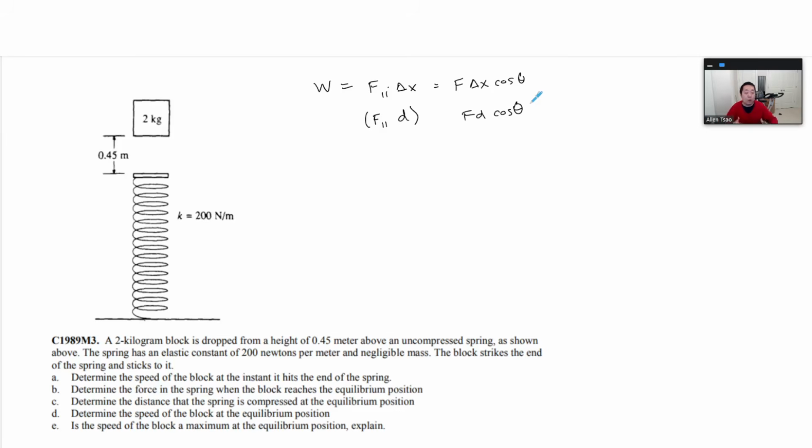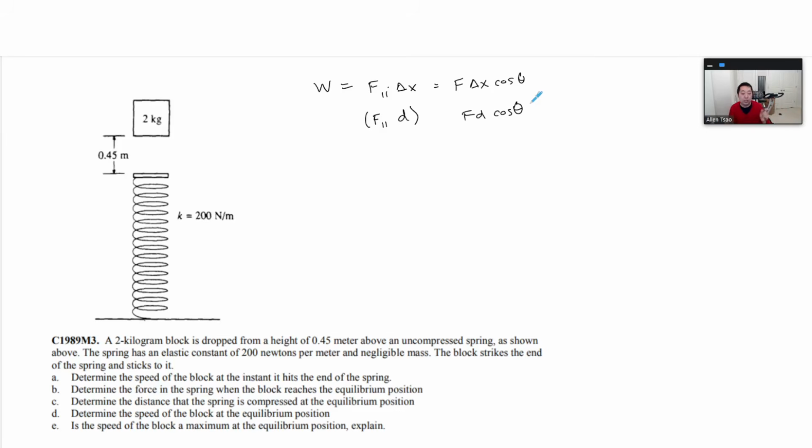In mechanics, we require work to require a force in the direction or parallel to the direction that the object is moving. Okay? So that's one thing. One, it needs to move for there to be work. Second, the force must be in the direction of the motion. Okay? That means if the force is perpendicular to the direction of the motion, there is no work happening.